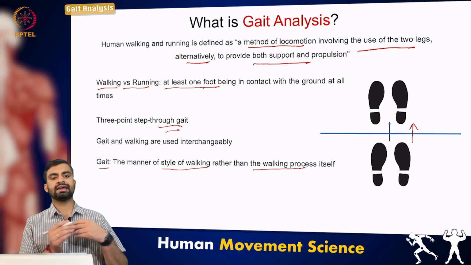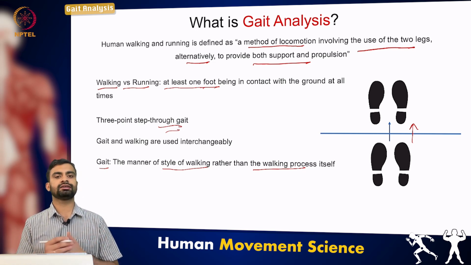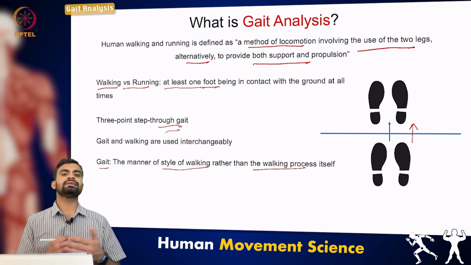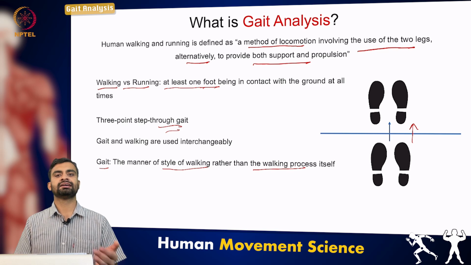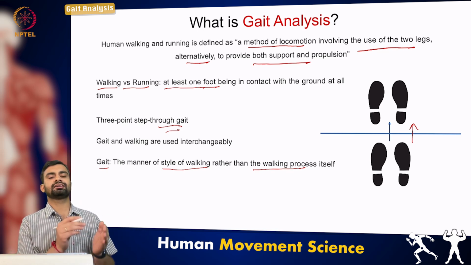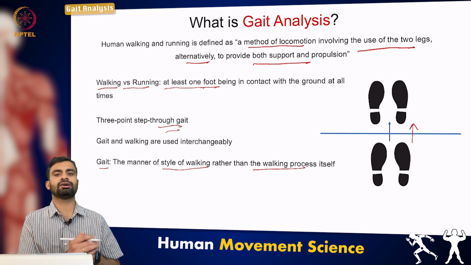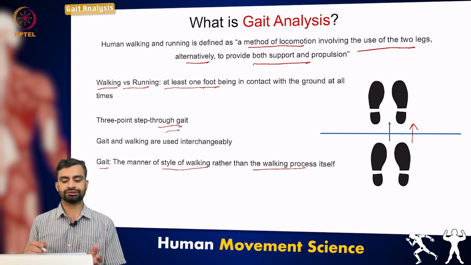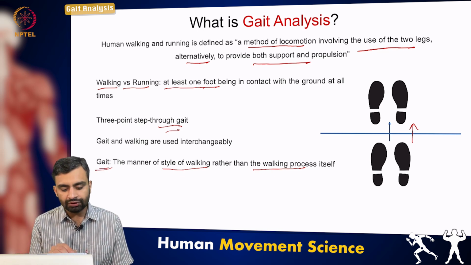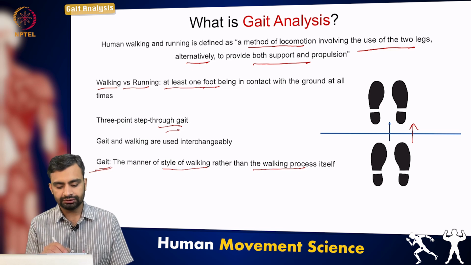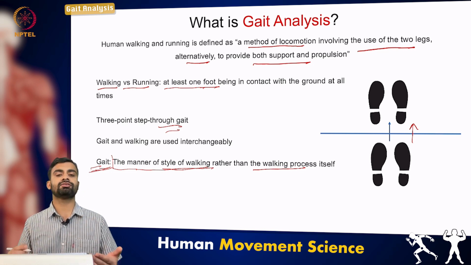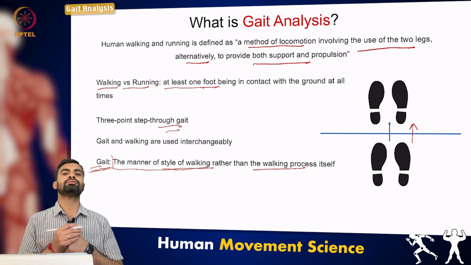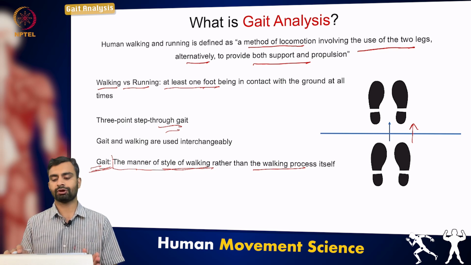Because if we say gait is just walking, then when we analyze other movements, for example jumping or running, we cannot use the term gait analysis of running or running gait or jumping gait. So to avoid that confusion, in this section, gait will be defined as the style of walking or the pattern of movement rather than the process itself.